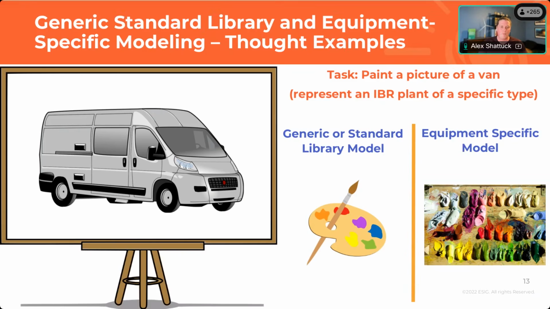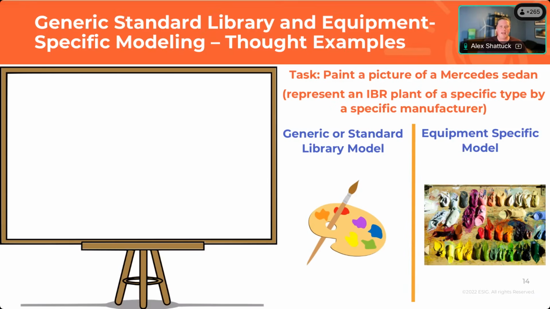So painting any type of specific car, you get that with those blocks. Equipment-specific models, with the full code and things like that, obviously have much more flexibility for making a specific car, or van here.